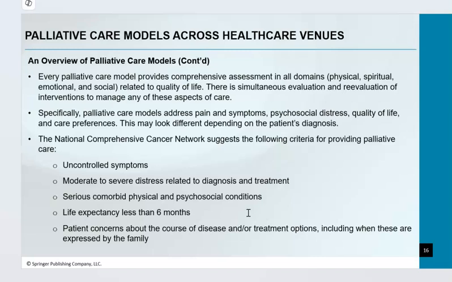So what this one's talking about is that the NCCN, the National Comprehensive Cancer Network, now says as part of their clinical practice guidelines, you ought to consider providing palliative care for patients with uncontrolled symptoms, patients with moderate to severe distress, serious comorbid and physical conditions, life expectancy less than 6 months, and patients that are concerned about the course of the disease, even when they're only expressed by family.